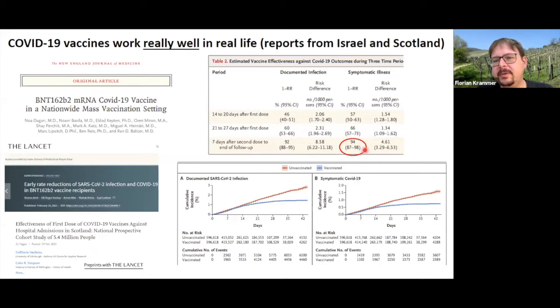So here's an example for the Pfizer vaccine from Israel, where they measured 94% effectiveness in the population. And that is really, really nice to see. And it suggests that these vaccines work really well, also in real world scenarios in our population.